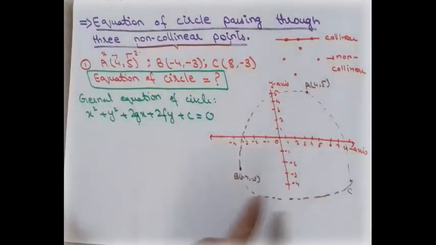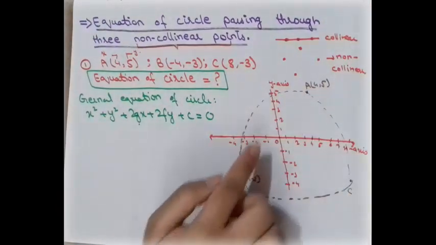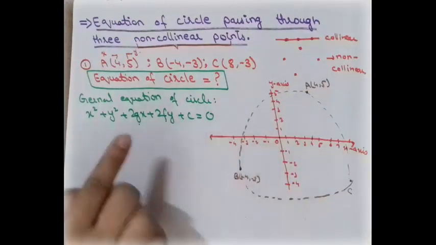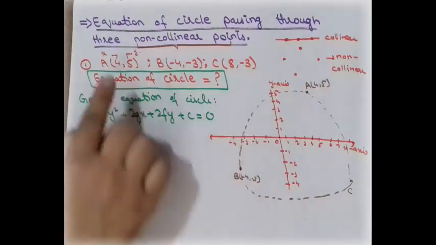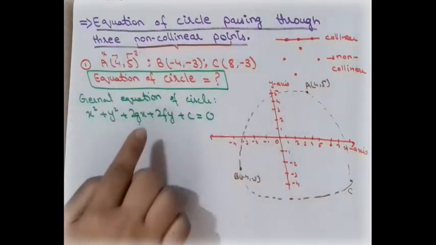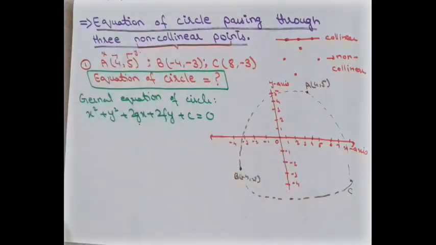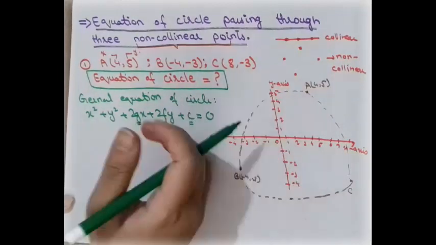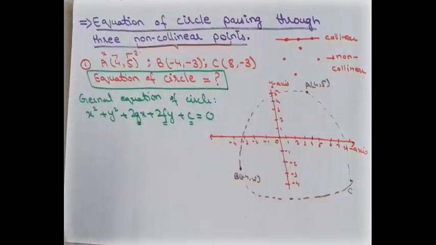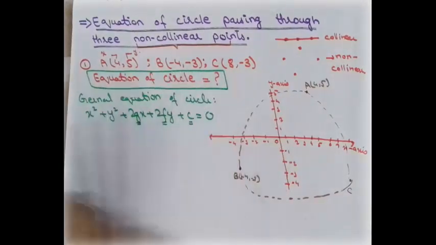As these three points lie on the circle that we draw here, they must satisfy this general equation of a circle. So we put these three points one by one in this equation, and our aim is to calculate the values of g, f and c and then put them back in this equation to get the final equation of the circle using these three points.